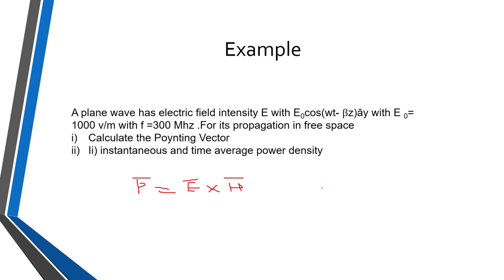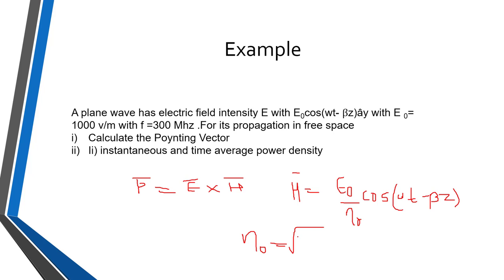H bar can be calculated as E naught divided by eta, or eta naught because it is air, cos of omega t minus beta z. And eta naught is the intrinsic impedance for air. It is square root of mu naught upon epsilon naught. I think its value is 377 ohms.